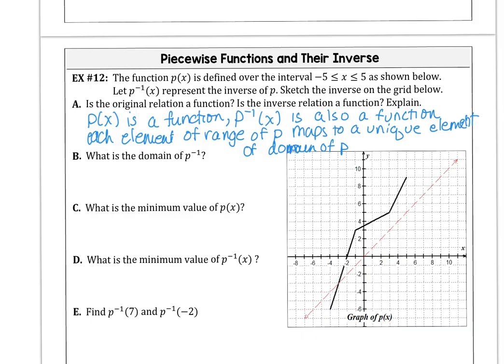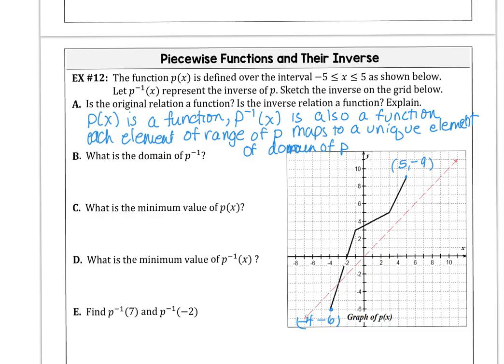What's the domain of the inverse? Well, let's look at the graph. The domain of the inverse is the range of the function. So the range of the function goes from -6 on y to, what's that, +9?